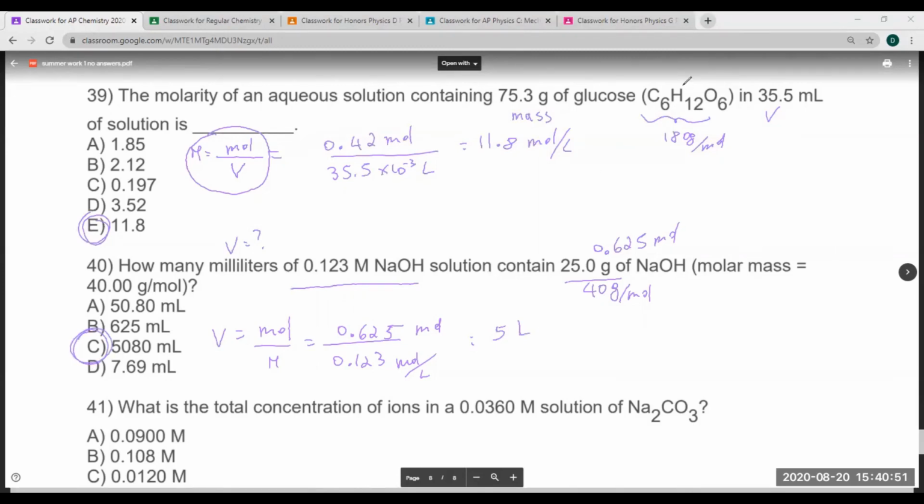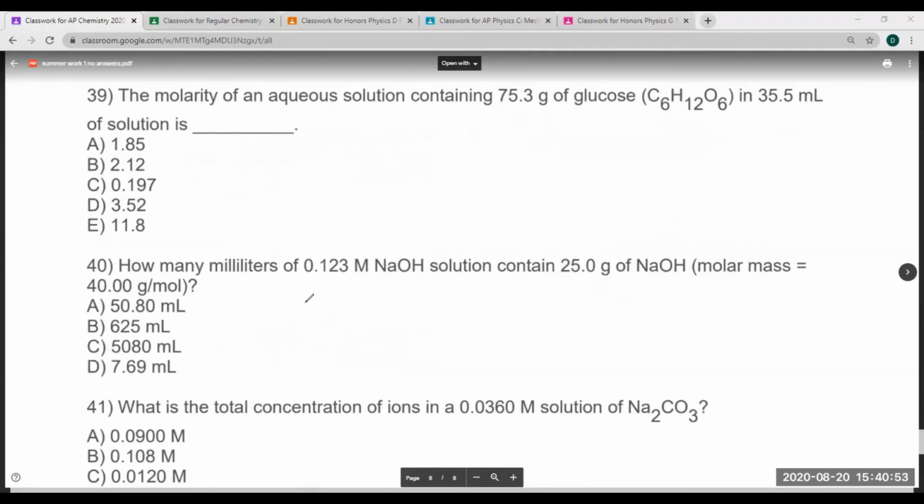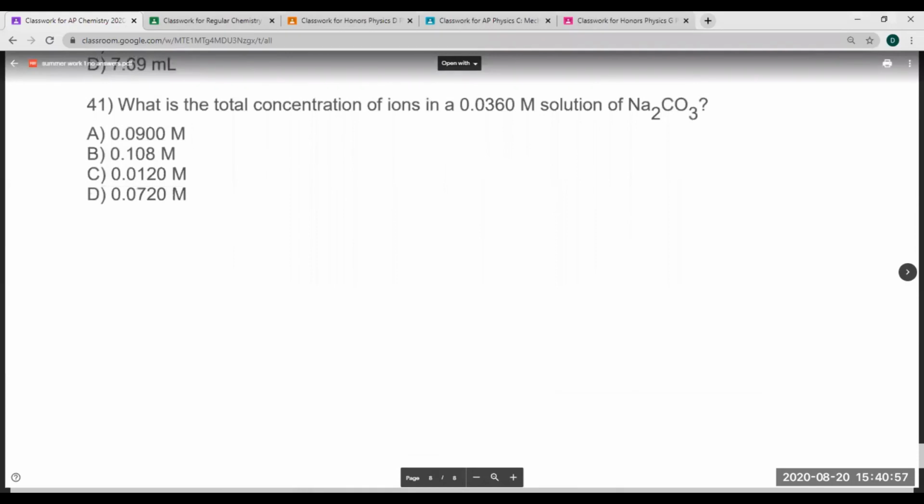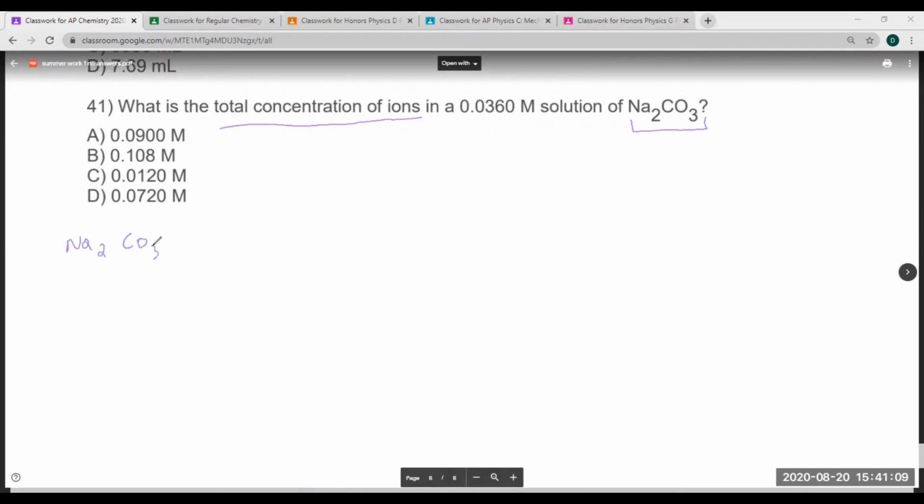And the last question for this packet says the following. We want the total concentration of ions. So this compound, sodium carbonate, is made of 2 sodium and 1 carbonate.